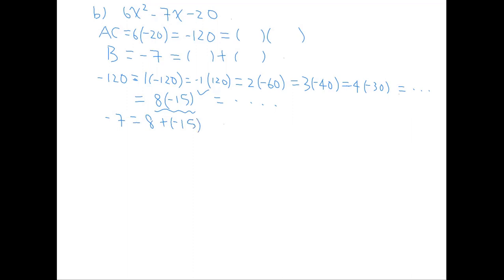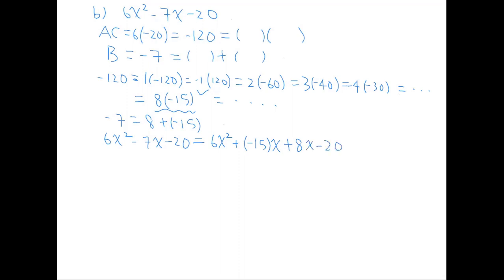So let's go ahead, rewrite the original trinomial. And this one, of course, it doesn't matter 8 plus negative 15 or negative 15 plus 8. Let's try the second one. 6x squared plus negative 15x, then plus 8x minus 20.